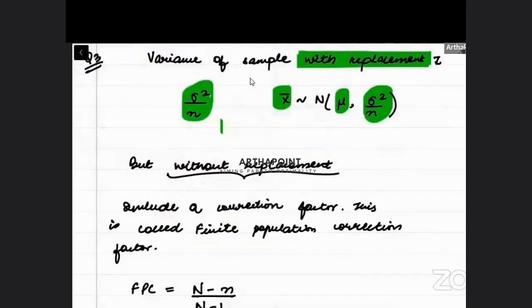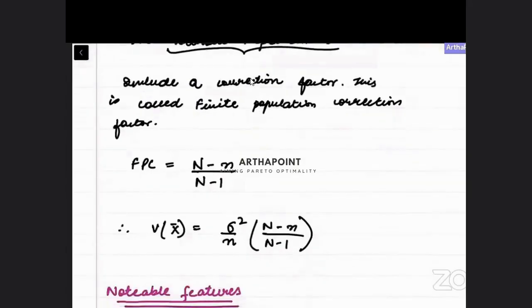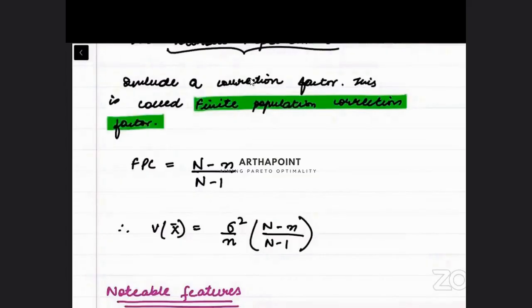Now let's talk about without replacement. When I talk about without replacement, we usually have something known as a correction factor, the finite population correction factor. That is given by capital N minus small n upon capital N minus 1, where capital N is for population and small n is for sample.